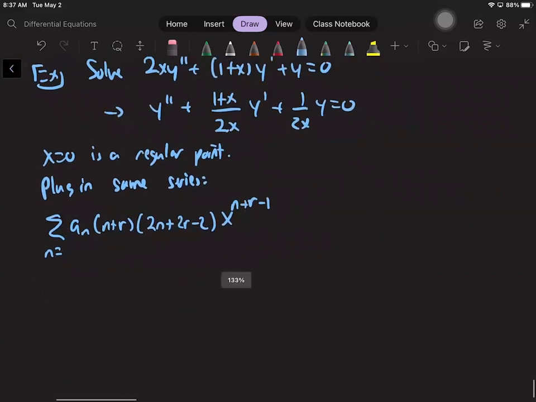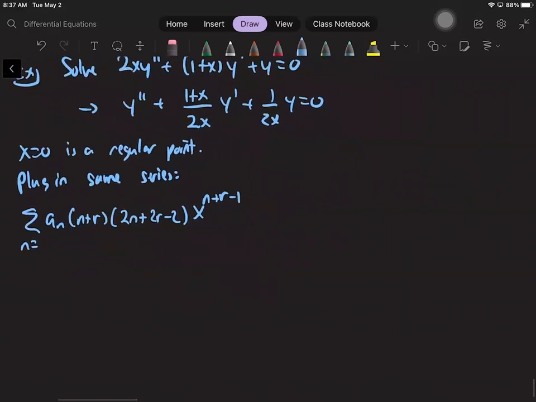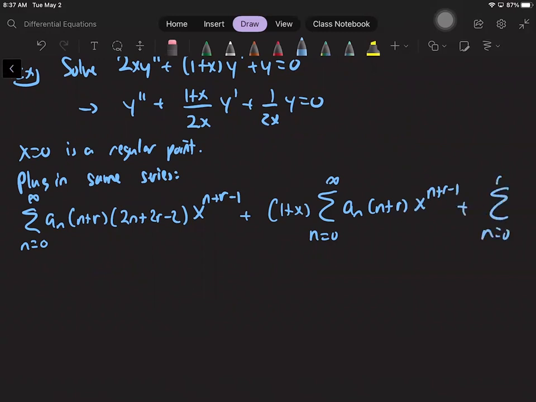Okay, so I'm skipping a little bit of the first steps from before. And then 1 plus x times the next series. And that one looks like an n plus r, x to the n plus r minus 1, and then no coefficients over here.